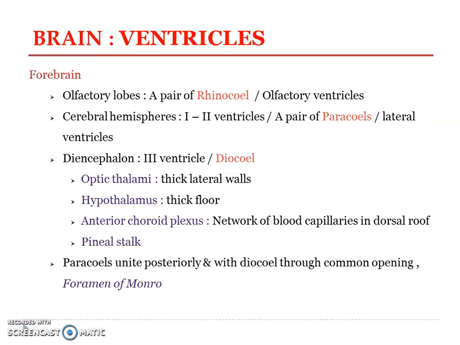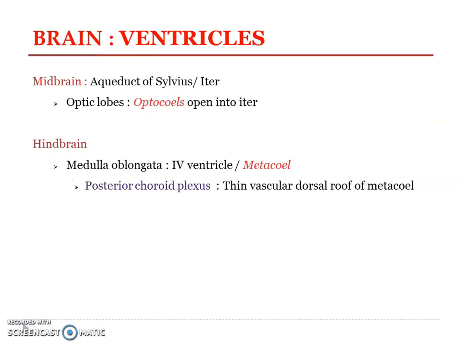The paraceles are completely separated in the two cerebral hemispheres, but towards the posterior part they unite and communicate with each other. Similarly, the ventricle in the diencephalon communicates with these two paraceles through a common opening known as the foramen of Monro.